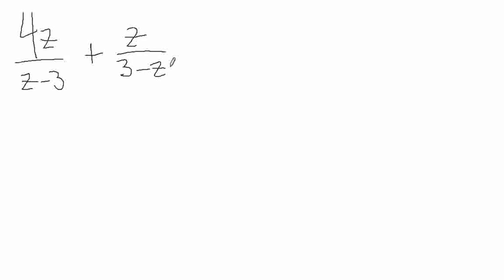You may recall a couple times I've said that when you switch the order in a binomial, it's like multiplying by minus 1. So let's take advantage of that. Let's keep the first rational expression the same. Let's multiply the second expression. Let's multiply the top by negative 1, so that turns the z into a minus z.